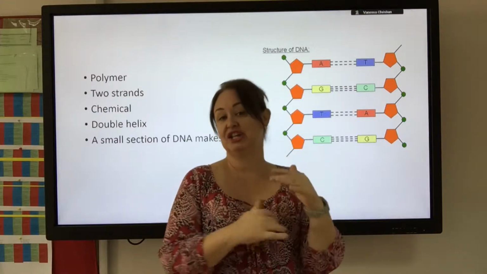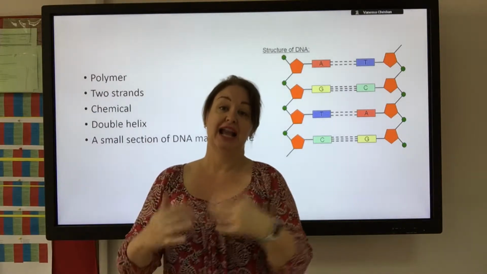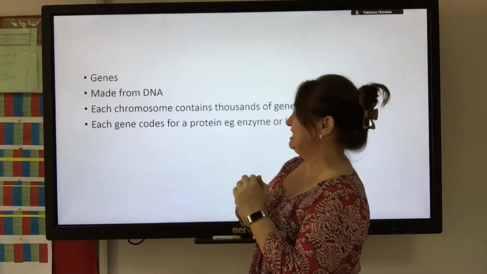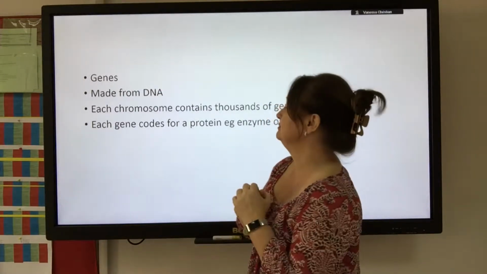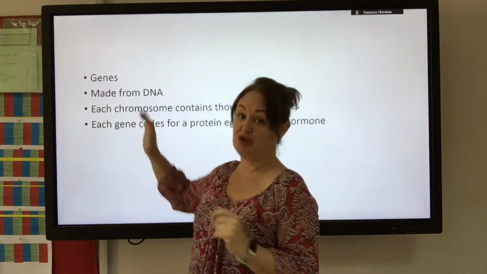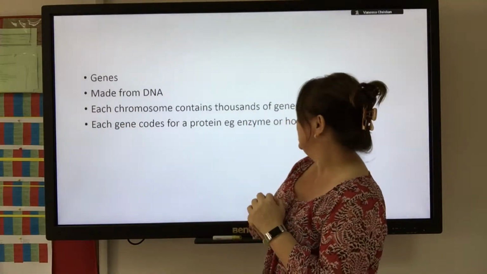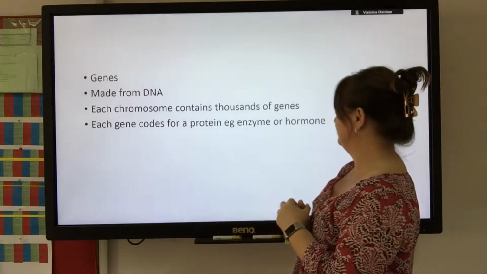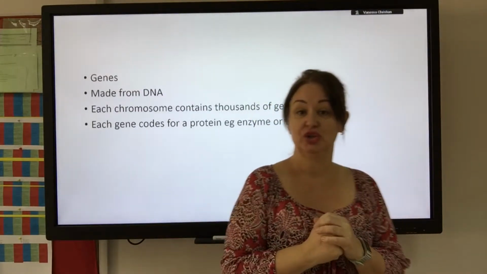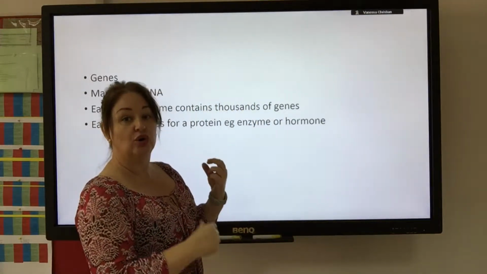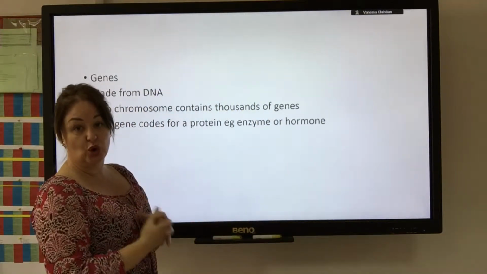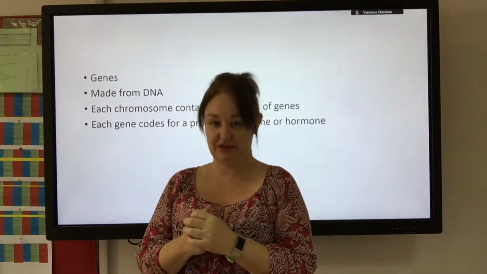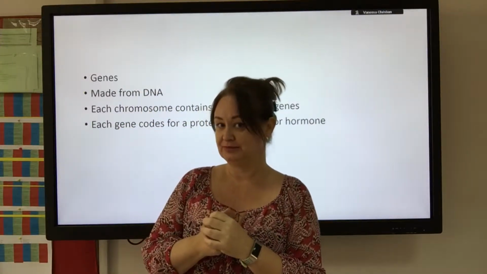The gene is the code to make a protein in your body. So as we've said, a gene is a code for a protein. It is made from DNA. Each chromosome contains thousands of genes, and each gene is used to make a protein, which could be an enzyme or a hormone or a pigment. For example, the pigment in your eyes that gives you your eye colour.